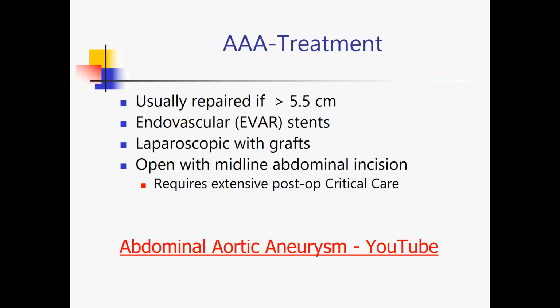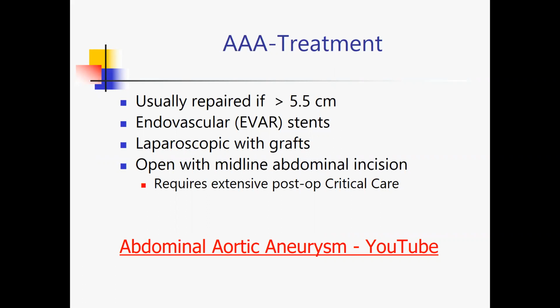AAA treatment. That AAA means abdominal, and it also means that we're going to look at our thoracic aneurysms as well. But in this slide, AAA means that if we have an abdominal aneurysm that's greater than 5.5, and nowadays you will see it 5 to 5.5 centimeters, that neurovascular surgeon provider is going to be looking at this client more regularly.